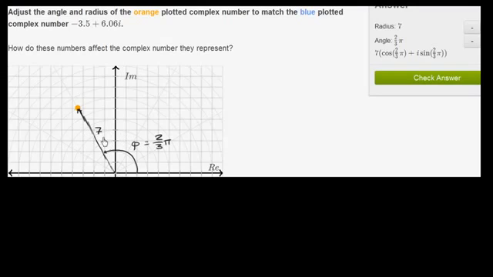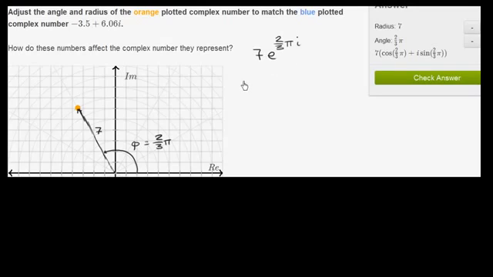So let's verify that this is really the same complex number as negative 3.5 plus 6.06i. Well, we can represent this as 7, the modulus or the radius, times e to the 2/3 pi i, which we know from Euler's identity is the exact same thing.